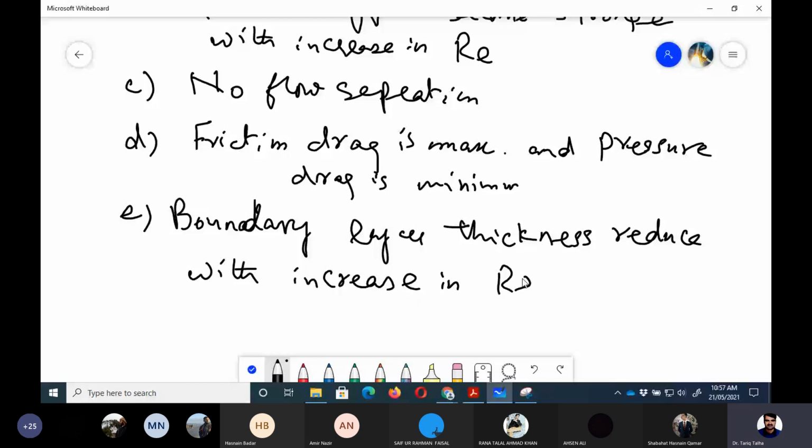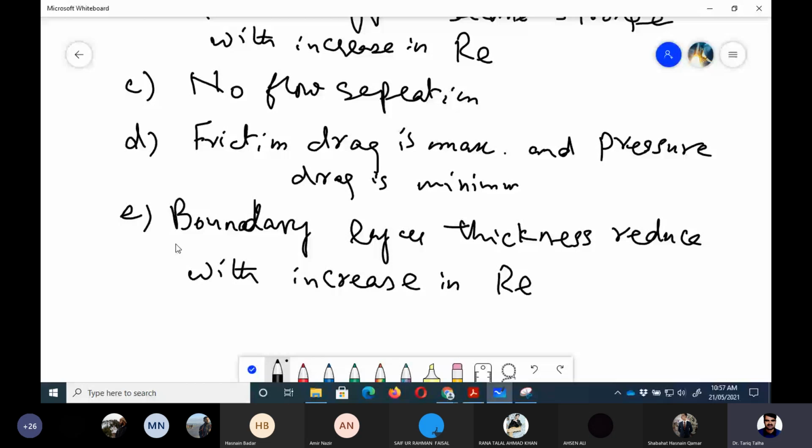Right. So these are the five conclusions which we have seen from the figure which I have discussed in detail, which was the first figure we discussed in detail.